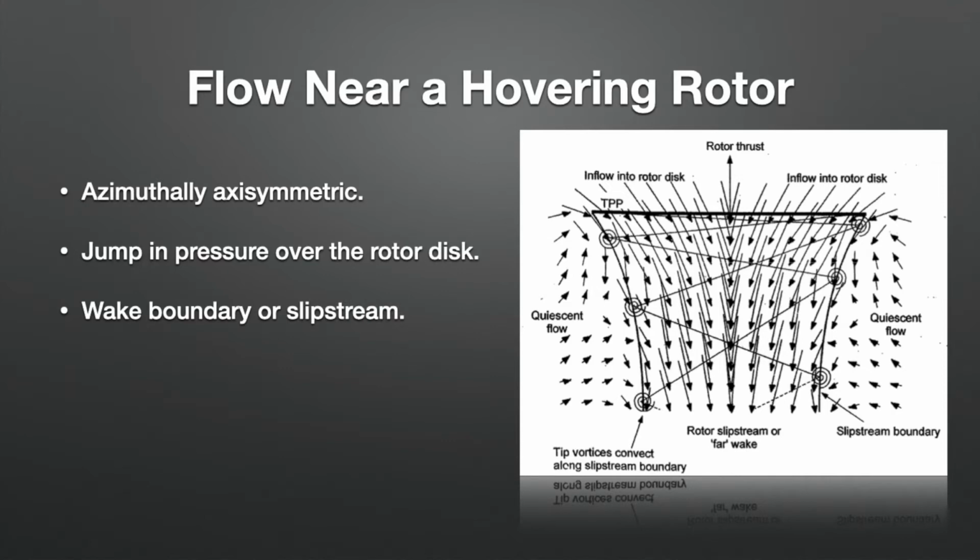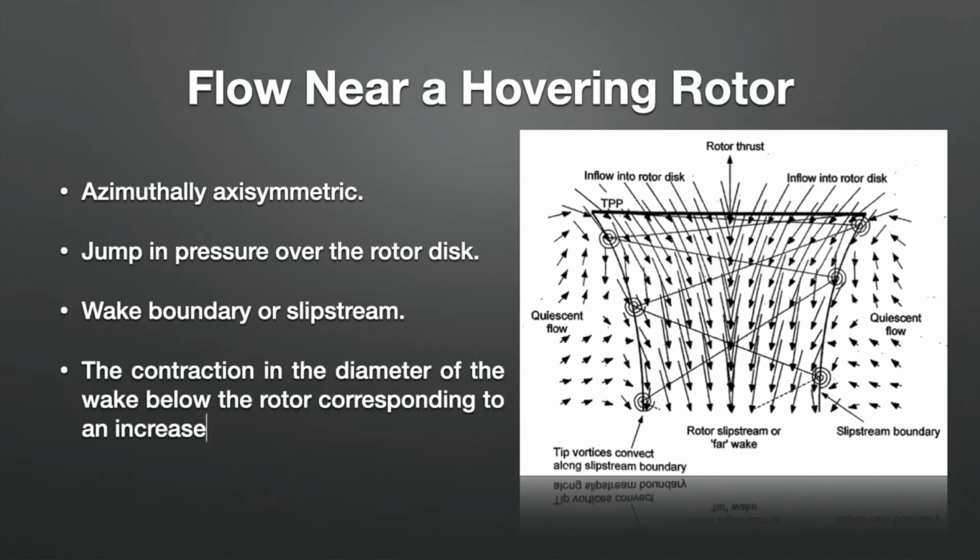The flow velocities are substantial and may be distributed non-uniformly across the slipstream, and also the contraction in the diameter of the wake below the rotor corresponds to an increase in the slipstream velocity. This image is the measurements of the velocity field in a diametric plane near and below a two-bladed rotor operating in hover.